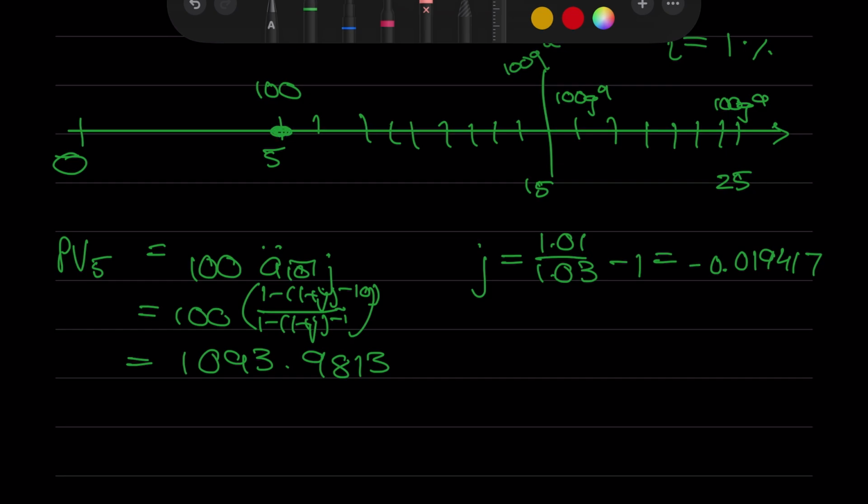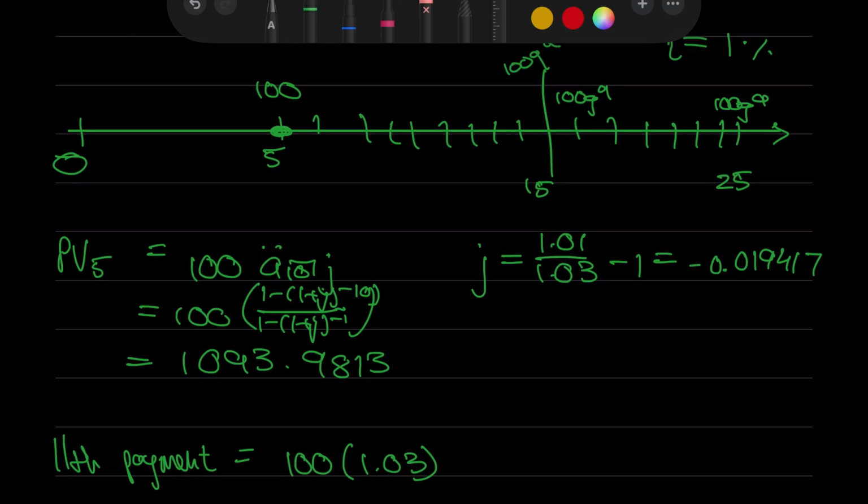So now let's get the present value at time 15 of those 10. But let's quickly calculate what that payment is at time 15. So our 11th payment, what's that going to be? 11th is going to be, take 100 and we'll grow it 9 times.